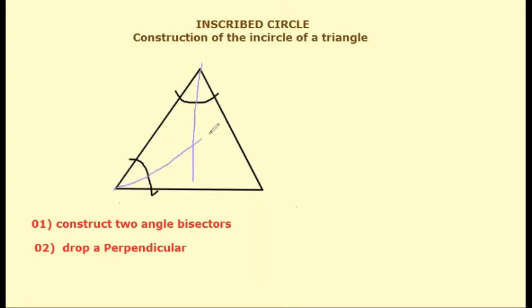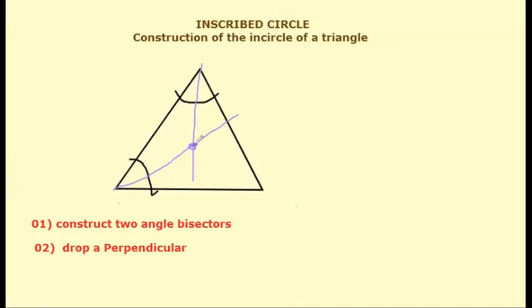The second thing is, from the intersection point of the angle bisectors, we need to drop a perpendicular to any side of the triangle. You can choose which side you are going to drop the perpendicular to.